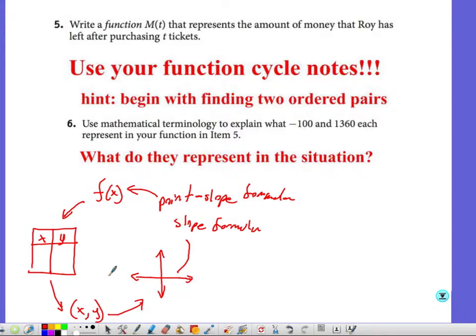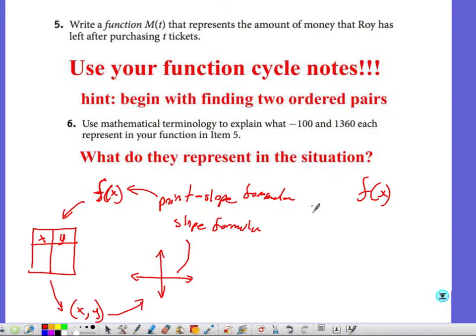Okay, so to write a function m of t, now don't let m of t confuse you. There are so many different ways to represent a function, and basically whenever you see f of x, this is a title that represents a function.